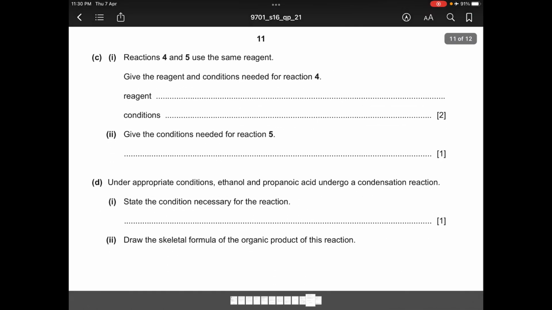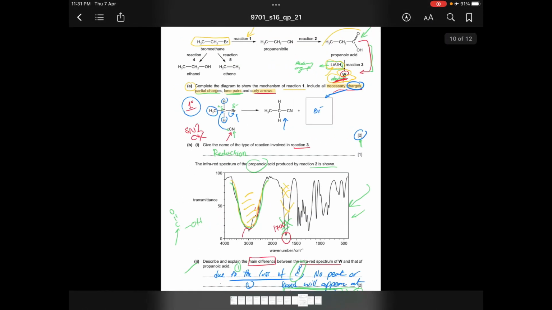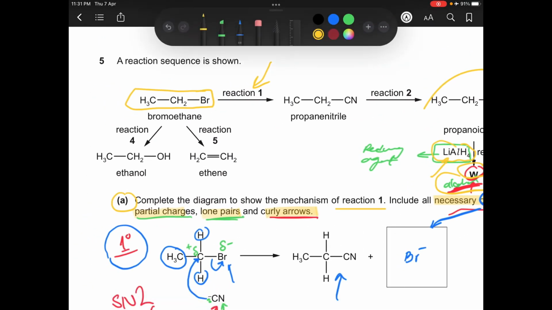C: reaction 5 and 4 use the same reagent. Give the reagent and conditions needed for reaction 4. As we can see, reaction 4 indicates that a Br changes to OH, so this is a nucleophilic substitution reaction.